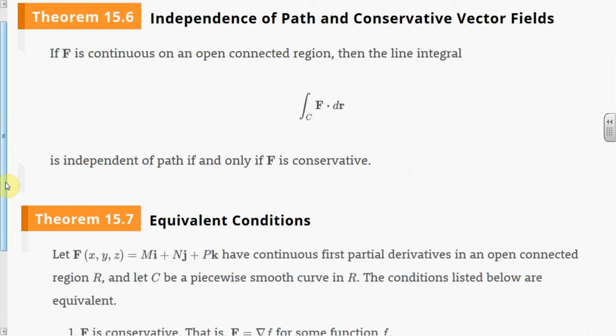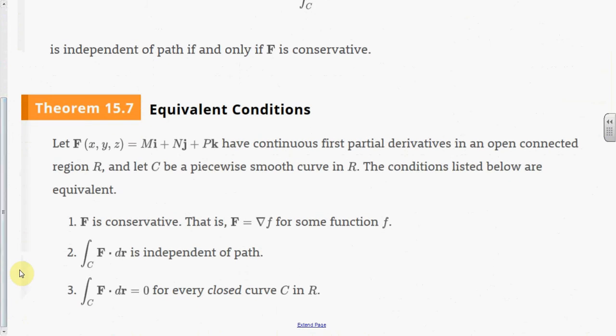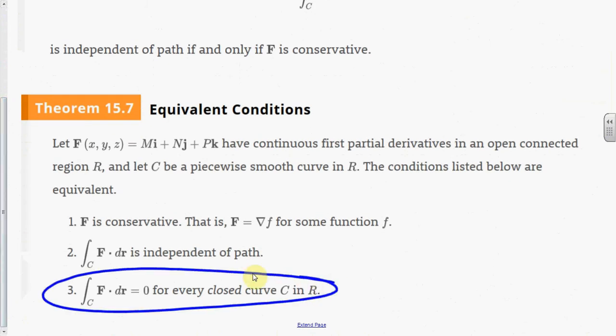So the main thing you're checking now is to see if F is conservative. If it is, then no matter which values they give you, it's going to be independent of path if we're still talking about the same two fixed points. Okay, let's see. This third one that I want to add: if the vector field is conservative, I can use the fundamental theorem of line integrals.